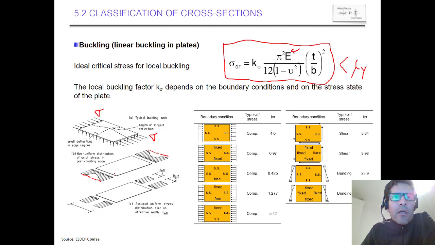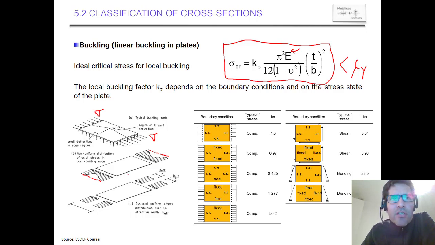At the moment of buckling, in which there is a wave, the stress migrates somehow from the center to the border. Okay, this is an idealized situation, and this is what one can observe if this is done under controlled conditions in the lab.